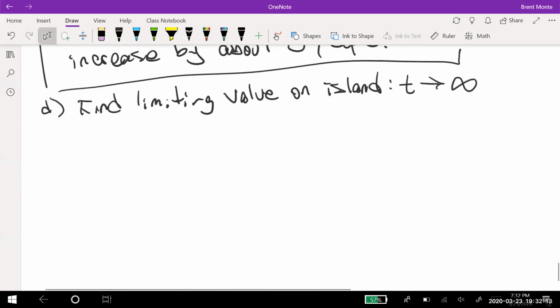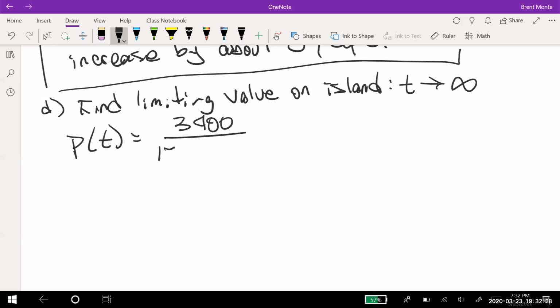Let me write down the formula. We had P of t equals 3,400 divided by 17 plus 183 e to the negative 0.0982t.